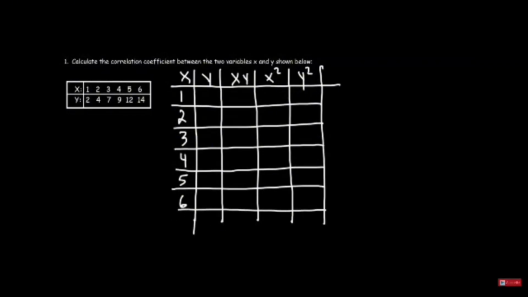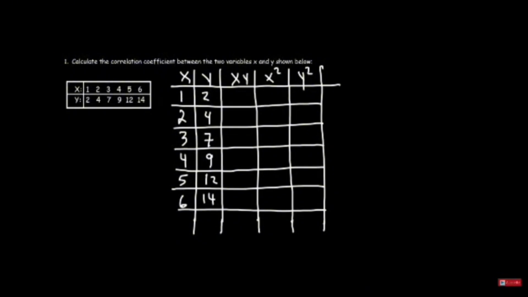So let's extend this a bit. Alright, now let's fill in this table. So next, let's put the y values, which are 2, 4, 7, 9, 12, 14.